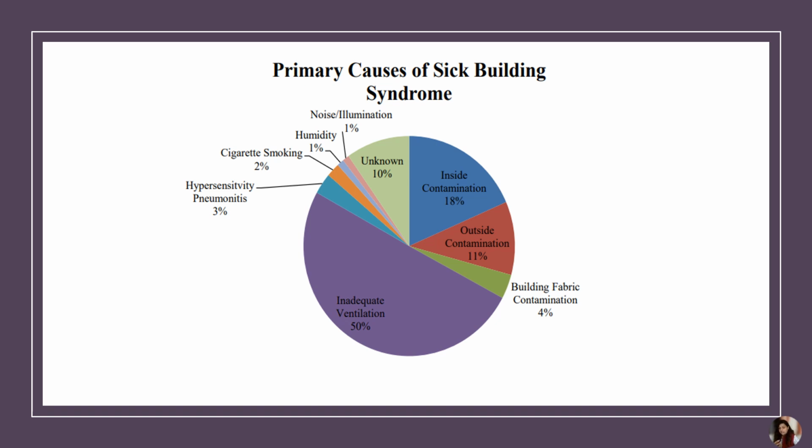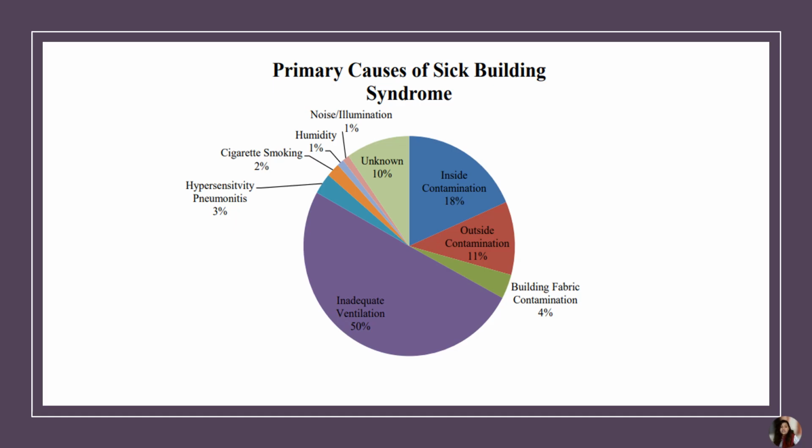If a person is not well, the flu tries to contaminate, and they usually say that if a person has a cold at home, eventually everyone has it because of the aerosol present in the air. So inadequate ventilation, inside contamination, outside contamination, building fabric contamination, your carpets, molds, humidity, and cigarette smoking are all primary sources of sick building syndrome.